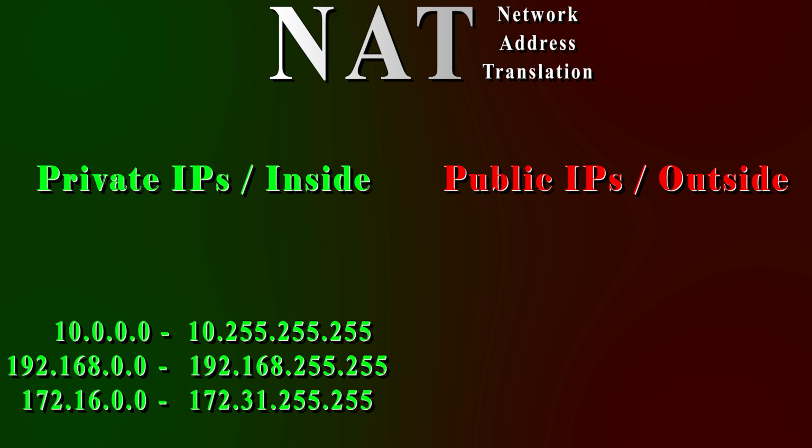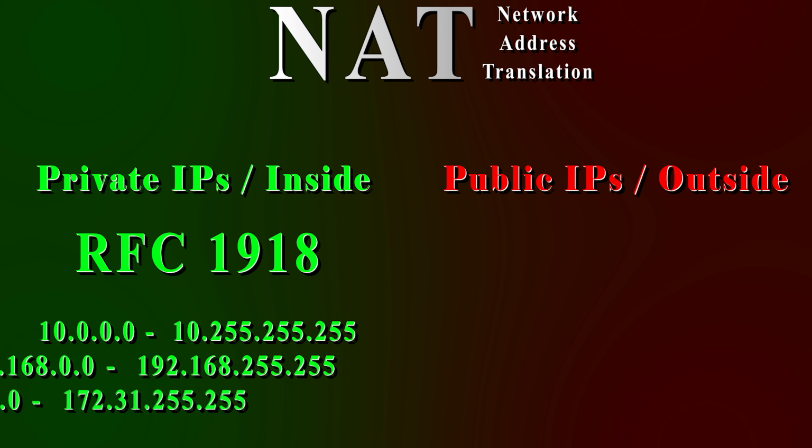There are three major private networks: 10.anything, 192.168.anything, and 172.16 through 31.anything. The one that I see wrong most often is the 172.16 through 31. These private addresses are defined by RFC 1918, and sometimes you'll even hear them called RFC 1918 addresses.